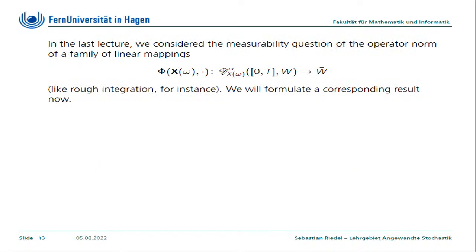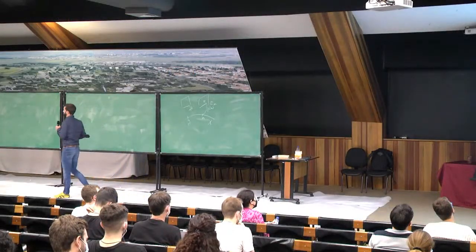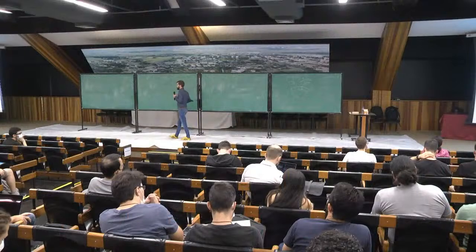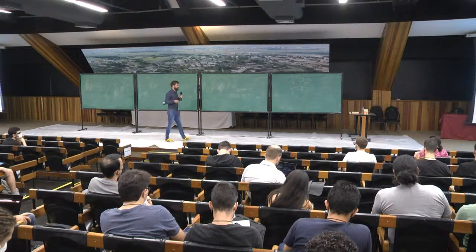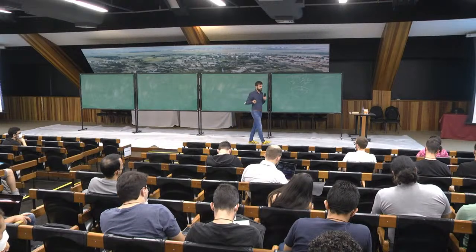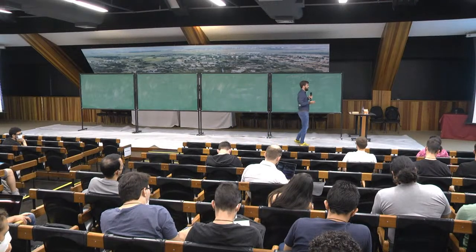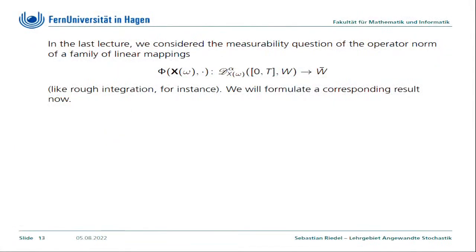Okay, so I tried to motivate this a bit last time, because I said that sometimes there are some measurability issues you face when you work with these different spaces, which are actually random in some contexts. I motivated that by saying that often you have linear maps mapping from this random space to another space that can also be random. For example, the rough integration was exactly that kind of map.